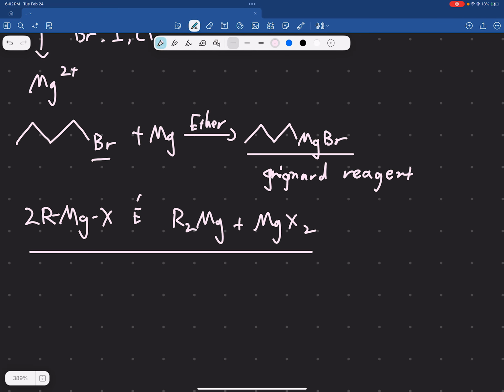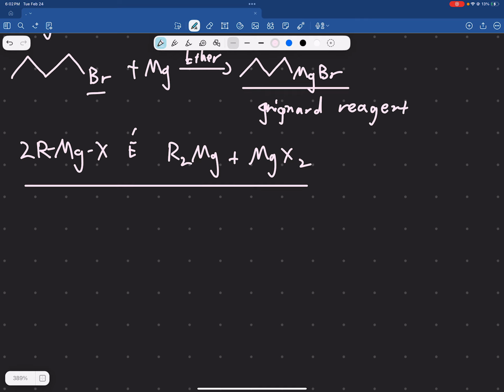That will be in equilibrium. This usually forms on the surface of the metal, and it is usually dissolved as a coordination complex solvated by ether. The magnesium would act as a Lewis acid, and the ether acts as a Lewis base in this case.